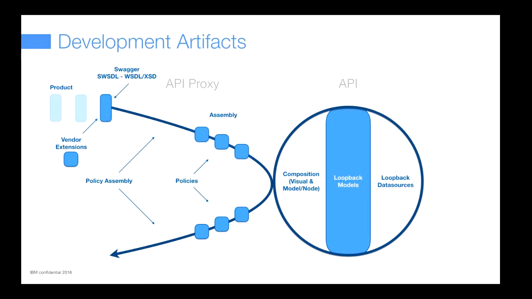But if you're trying to enforce some business-based security, like for example, you need to do a query and determine who is the owner of this object, or does the owner of this object belong to this group? Those sorts of things you should do within LoopBack. So that's where the line gets a little blurry.